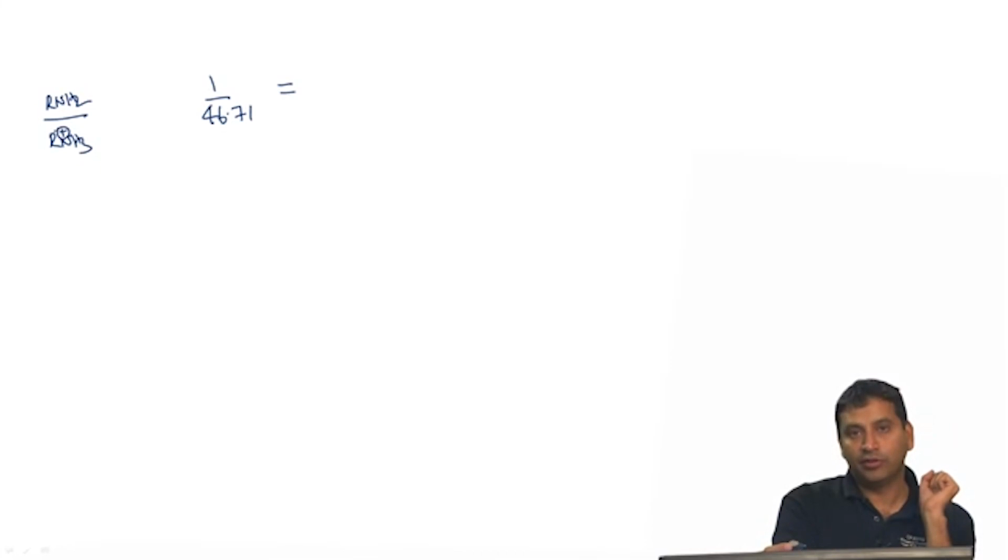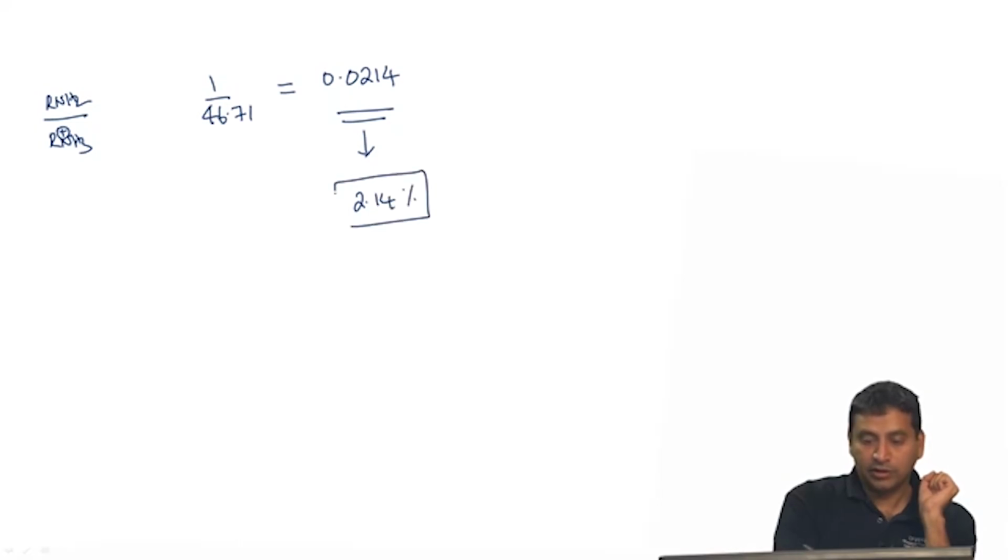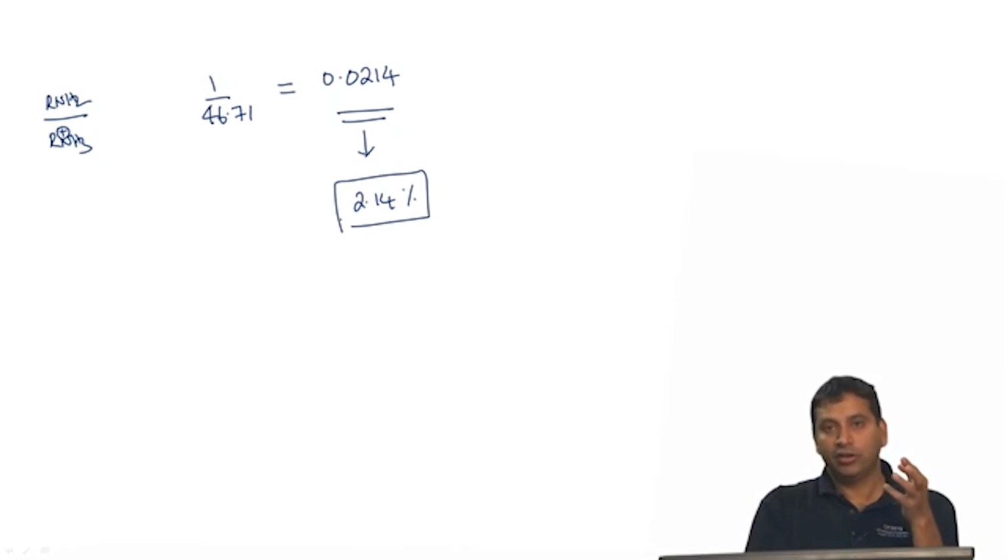So, 1 divided by 46.71 is nothing but 0.0214. This translates to 2.14%. So, at pH 7.4, we would expect that 2.14% of this molecule would be in the unionized form.